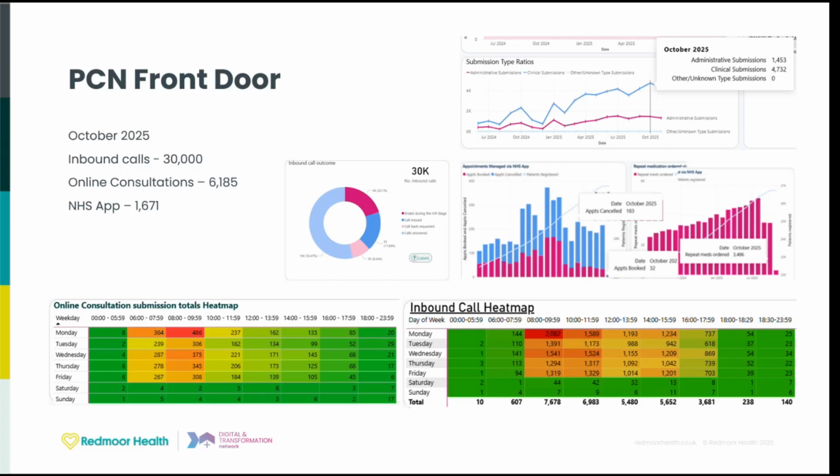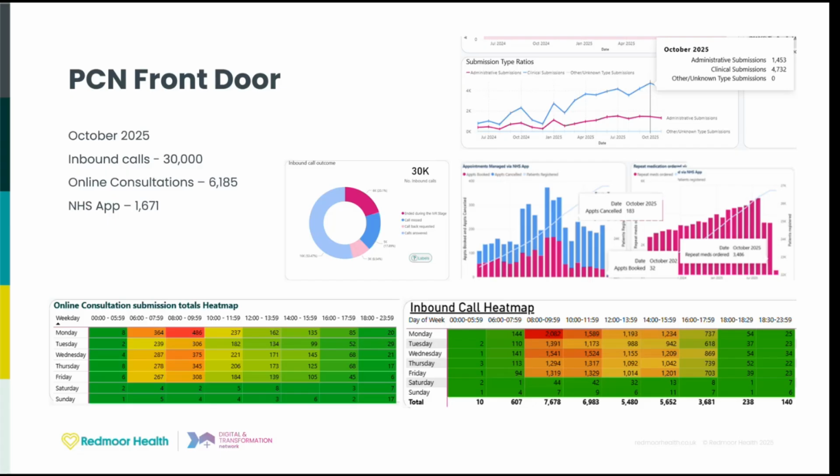And this is a good example of where standardized processes can be introduced, and you can track those changes. So what we'd expect to see from effective change over time would be a gradual shift of some of the demand away from the telephone towards those online consultations and NHS App where appropriate. We'd want to see improved patient experience scores alongside that shift, not just instead of them.